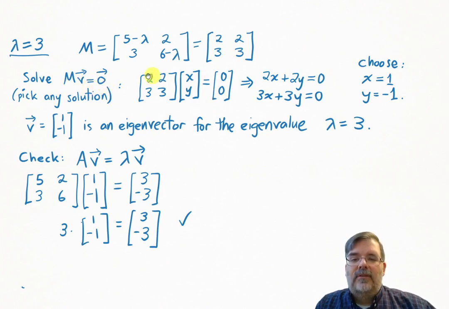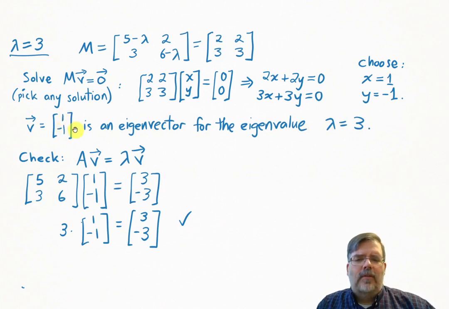So we'll write that out with x's and y's for our vector V, convert it to a system, and in this case we can use 1 and negative 1 as a particularly nice solution for x and y. So our chosen eigenvector is 1, negative 1. That is an eigenvector for the eigenvalue lambda equals 3.